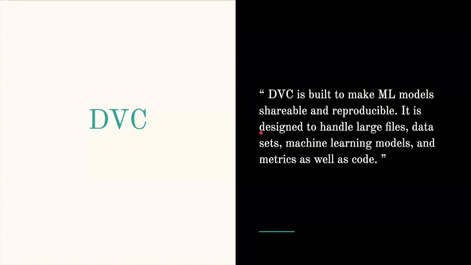But DVC is very lightweight compared to other tools. It's just a pip install library. You can pip install and get started with that. It can work with any storage system like S3, Google Cloud, and all.